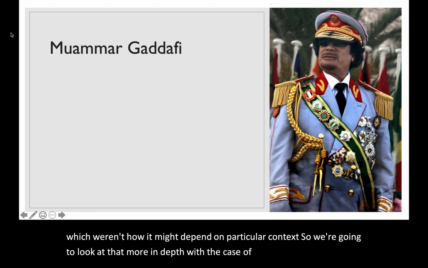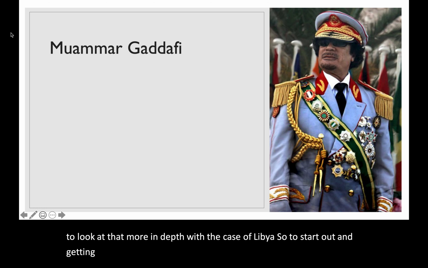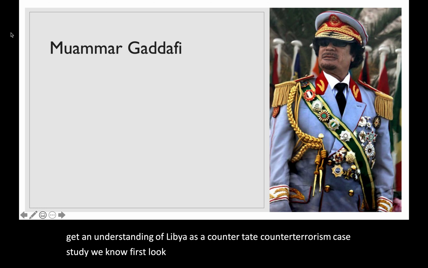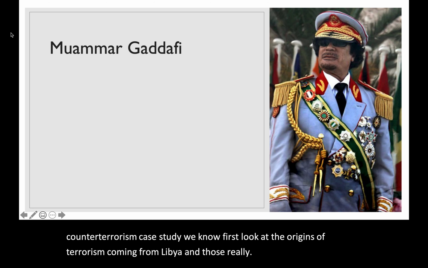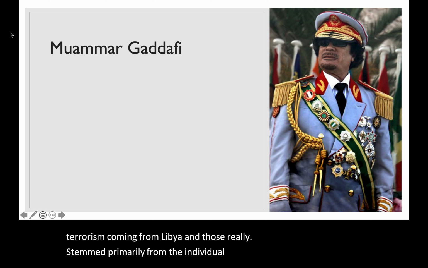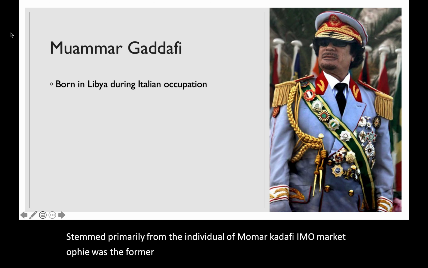So to start out and get an understanding of Libya as a counterterrorism case study, we need to first look at the origins of terrorism coming from Libya. Those really stemmed primarily from the individual of Muammar Gaddafi, the former leader of Libya.